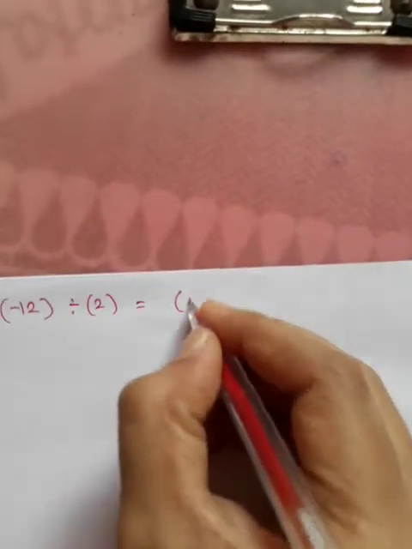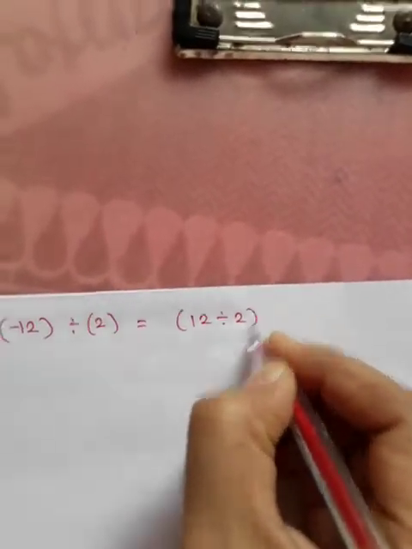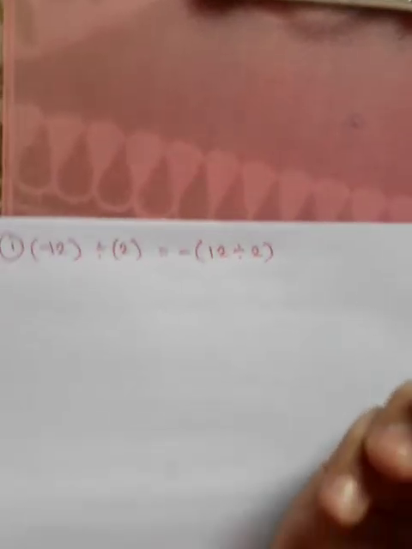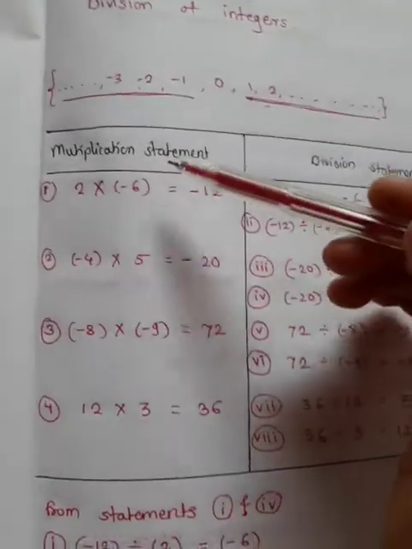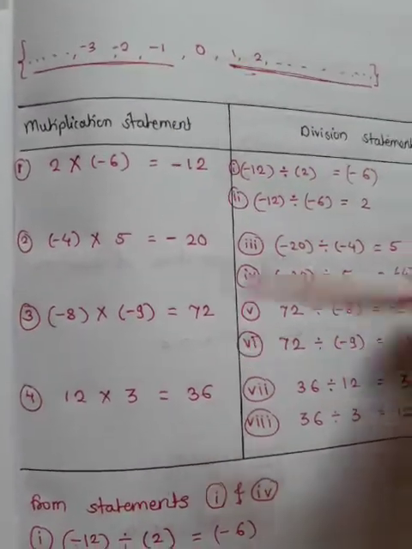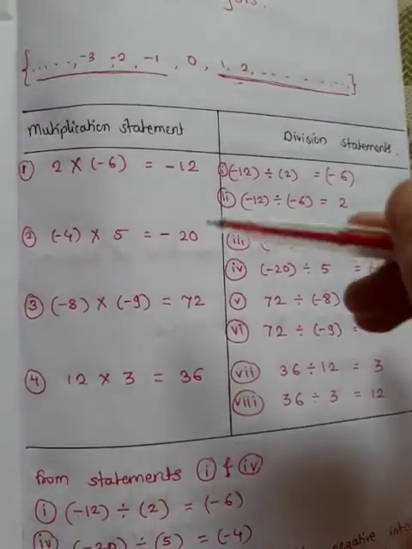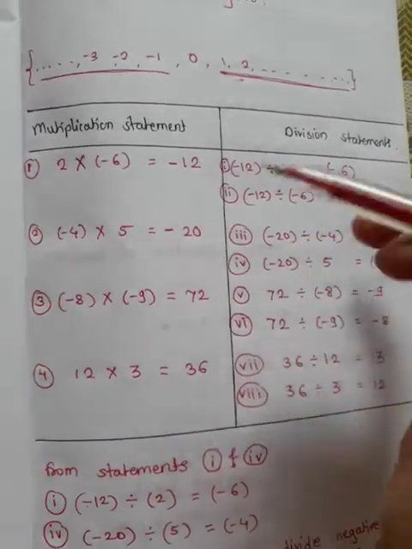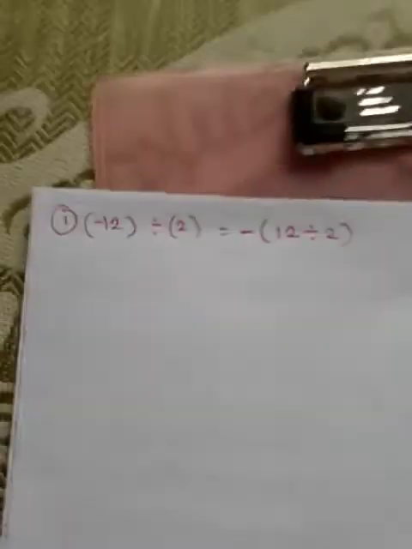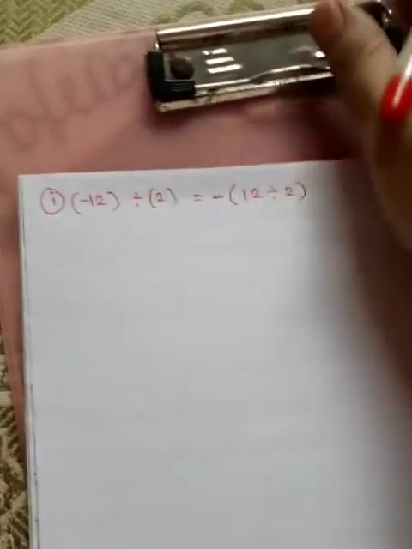Divide them as whole numbers and take the minus sign outside, because every time we have not been given a multiplication statement, we have only the division statement and we have to divide it.